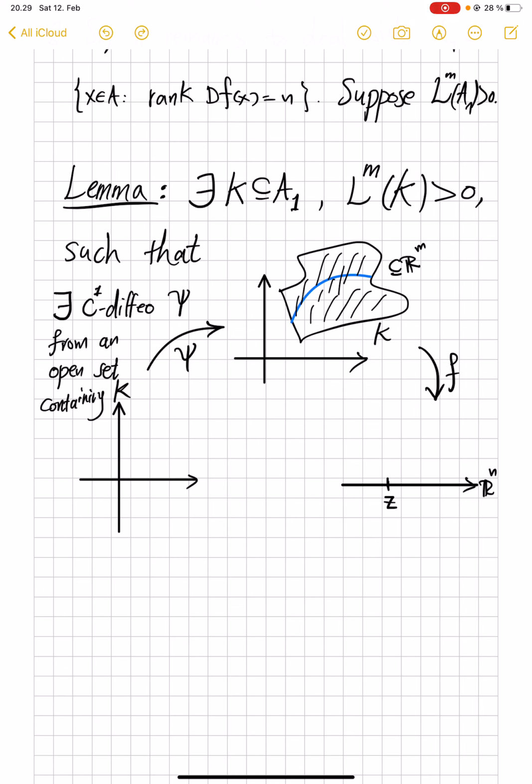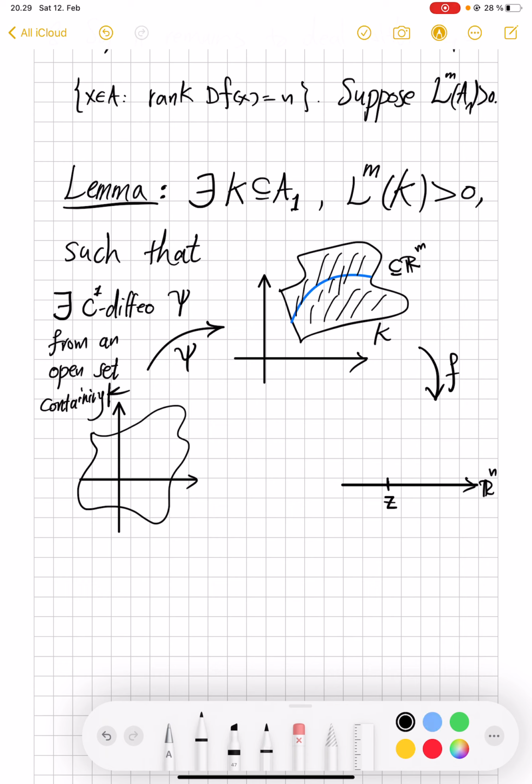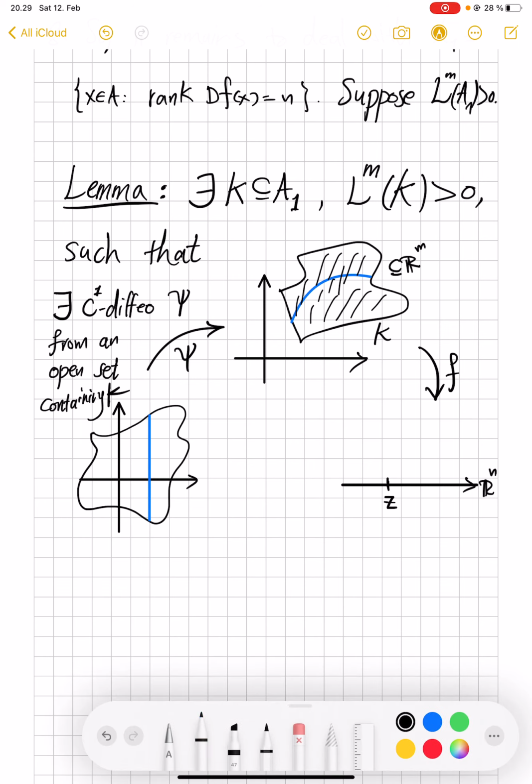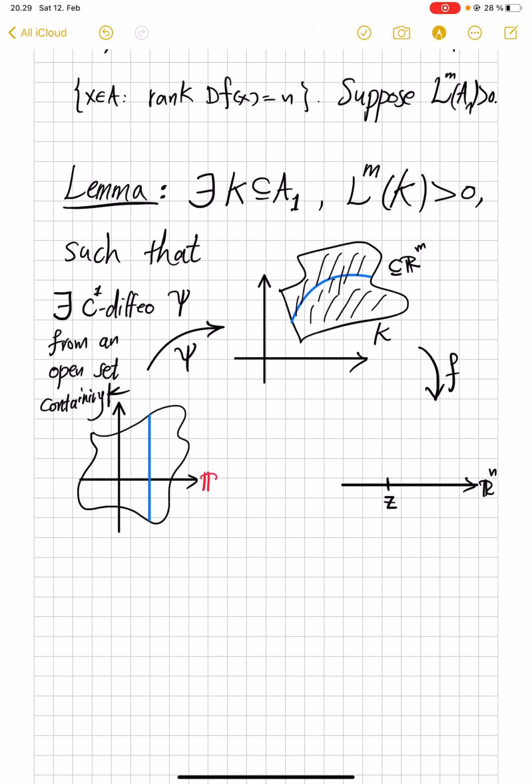And then I transfer everything by this psi to another copy of R^m, so that now the fibers become exactly subsets of the vertical R^(m-n). So let's do some labeling here, that's important. Here will be R^n, and m is bigger than n, so here remains R^(m-n).